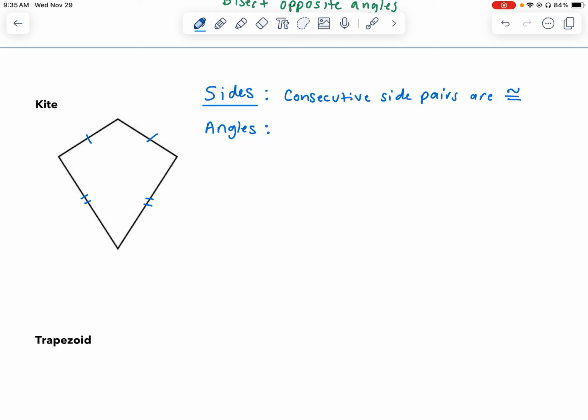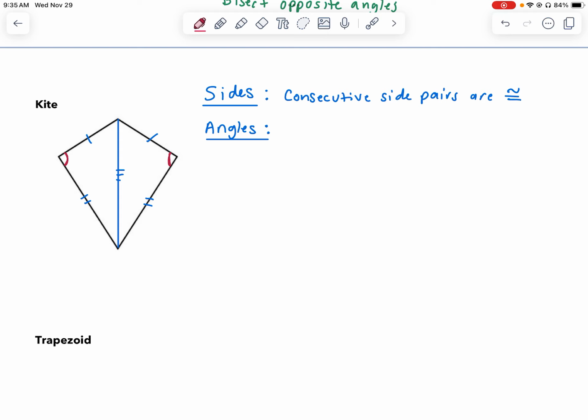For the angles, there's not a lot of properties that we have. However, we are able to prove that one of the pairs of opposite angles are congruent. So we're going to eventually draw in both diagonals. Let's draw in the diagonal between the intersection points of where the two congruent sides meet. I could quickly prove these triangles congruent using the reflexive property, and that makes this angle congruent to this angle.